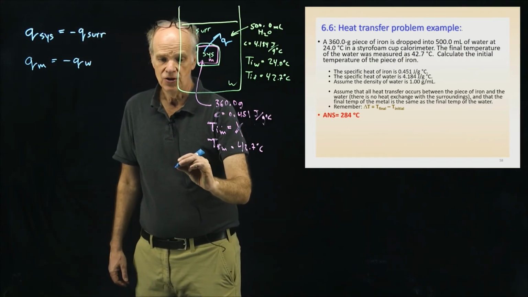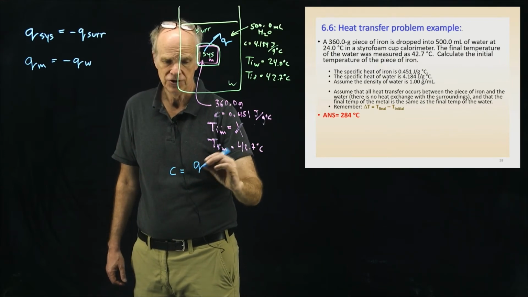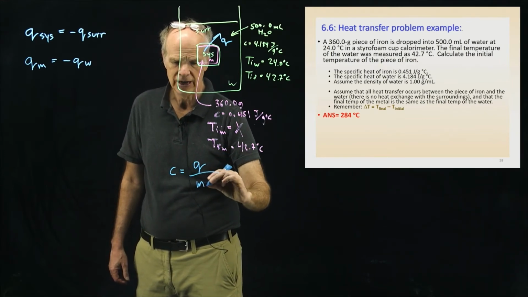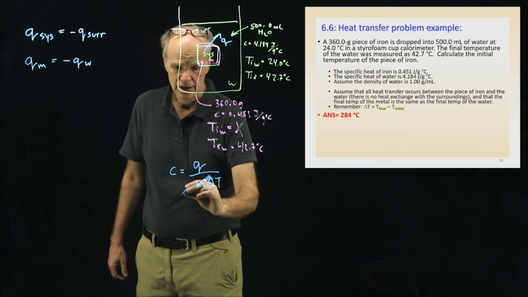You might recall that the specific heat of a substance is equal to Q over M times delta T. So can you solve this for Q? I'll go ahead and do that.